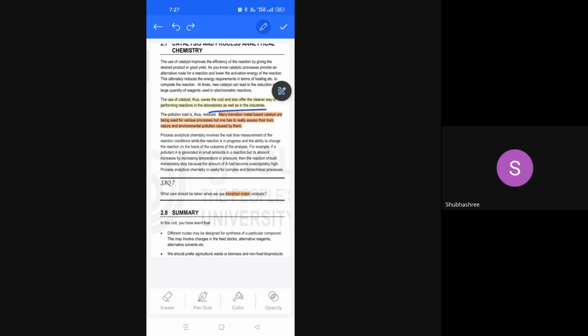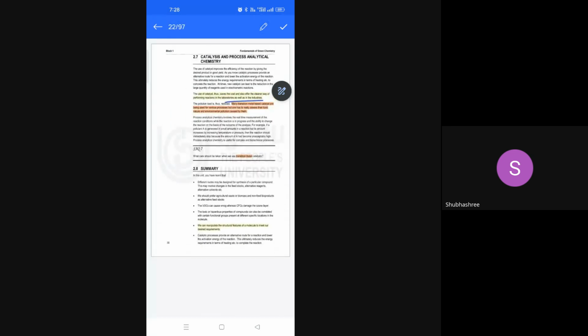Many transition metal based catalysts are being used for various processes, but one has to really assess their toxicity, nature, and the environmental pollution caused by them. Then, the summary of this whole topic, catalyst and process of analytical chemistry, I am telling you in a shortcut way. You should remember the headline and one point.